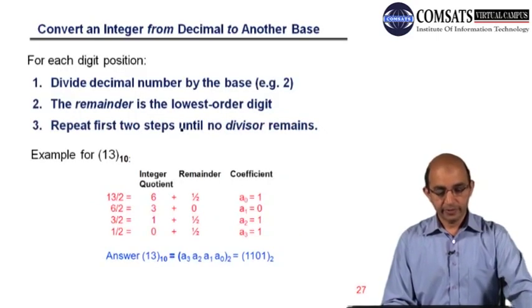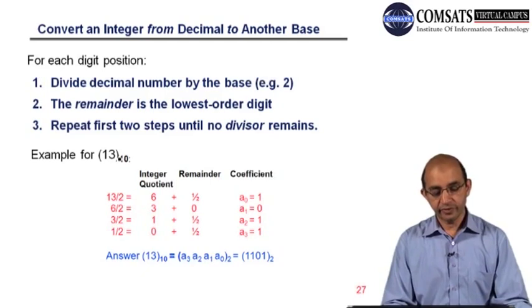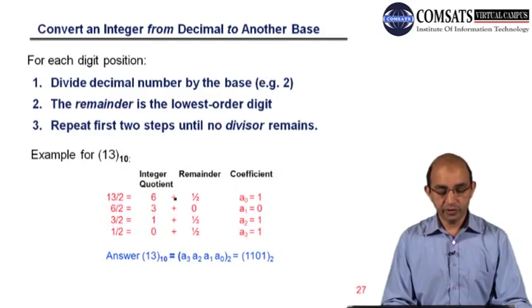So let's talk about the conversion. Here we have a decimal number, and we want to convert that number into a binary number system. That's why we are dividing it by 2, that is the targeted base. So we divide by 2 and we have a quotient and remainder.